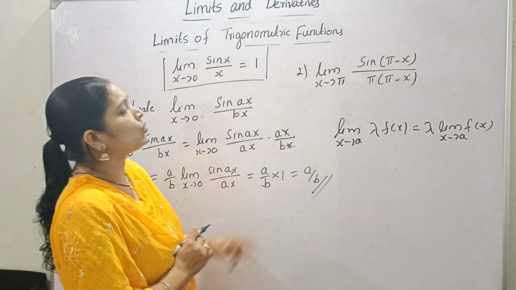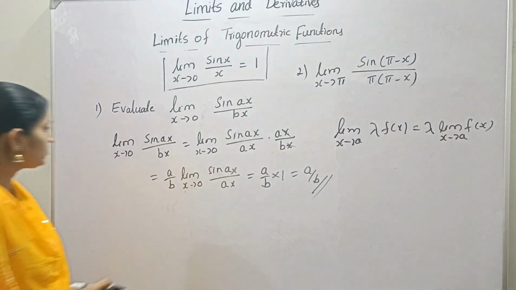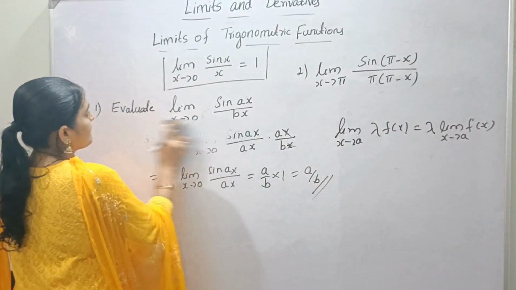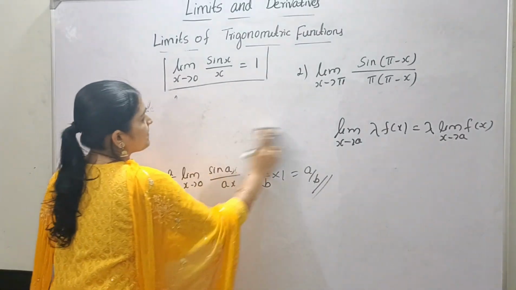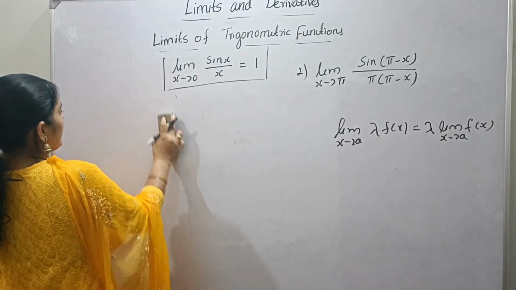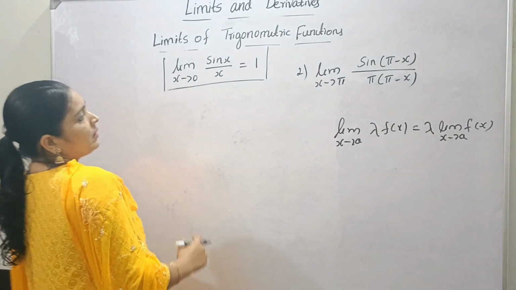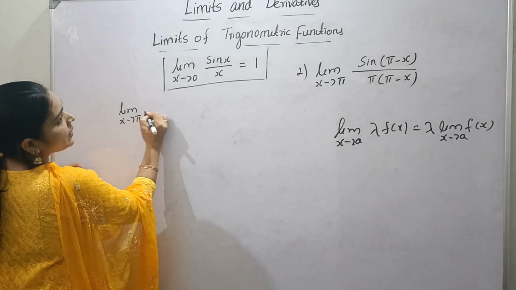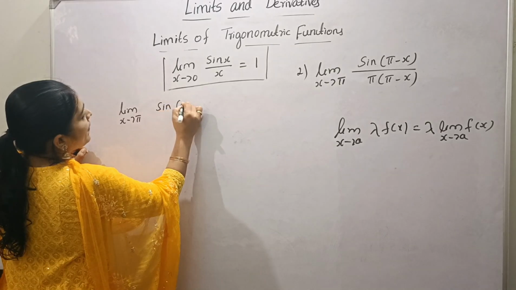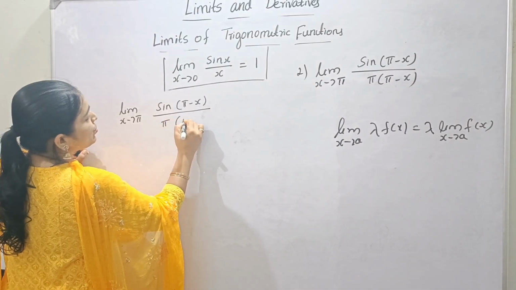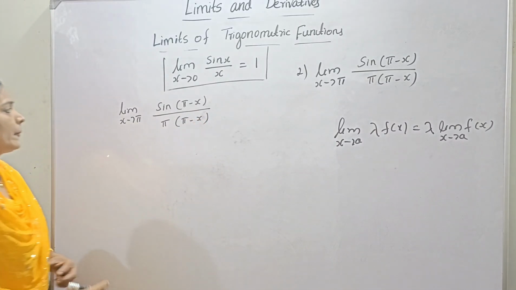Okay, now let us go through the second one. The second one is limit x tends to pi of sin of pi minus x divided by pi into pi minus x, right?